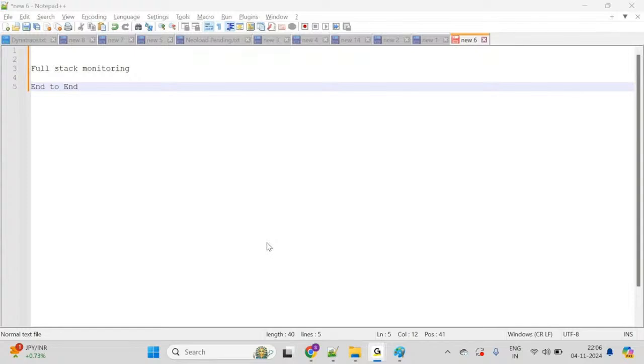But now this single tool is more than sufficient to understand what is happening across the layers. I can easily understand it. That is the reason the usage of APM tools is very, very high.